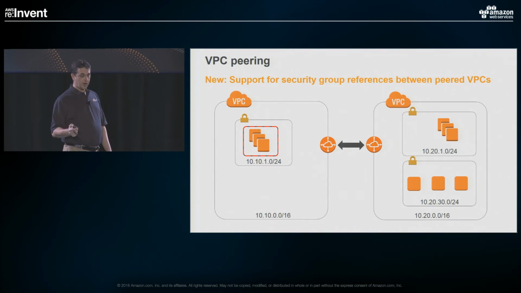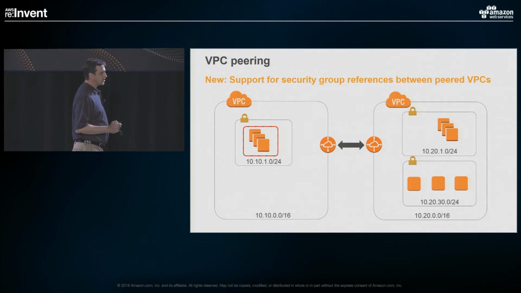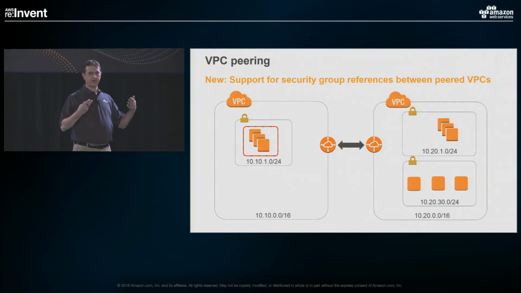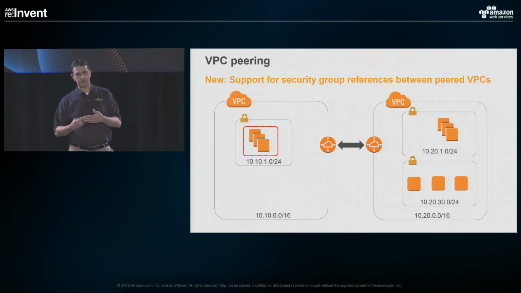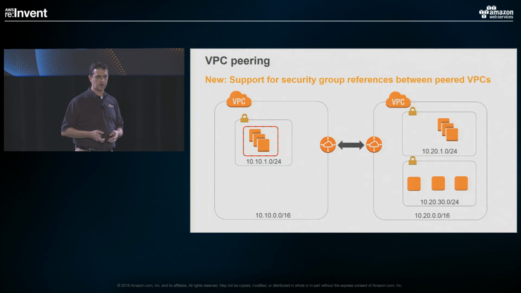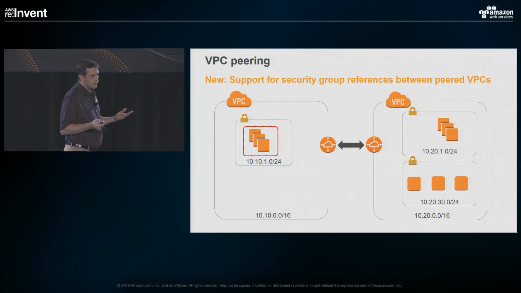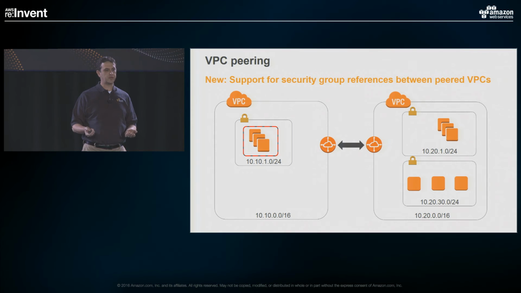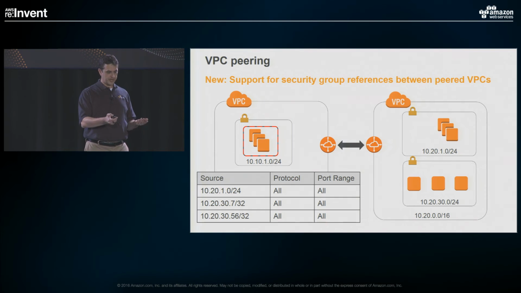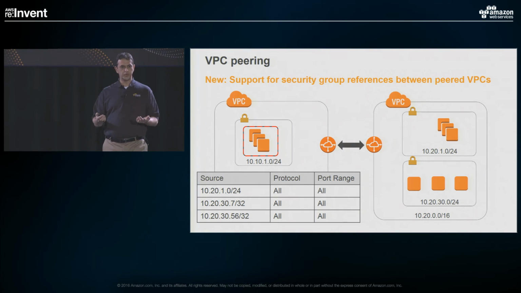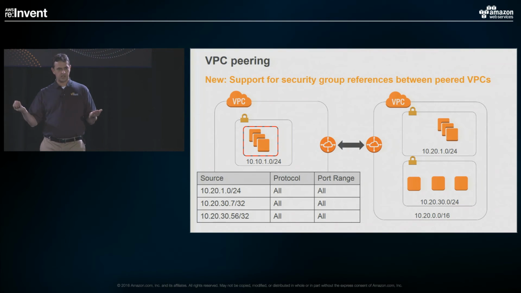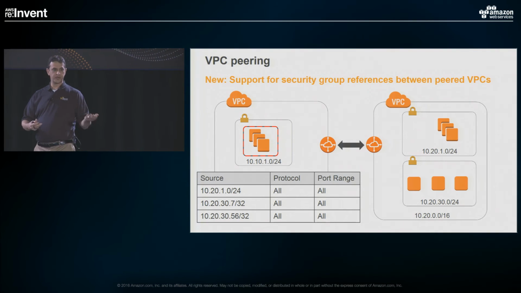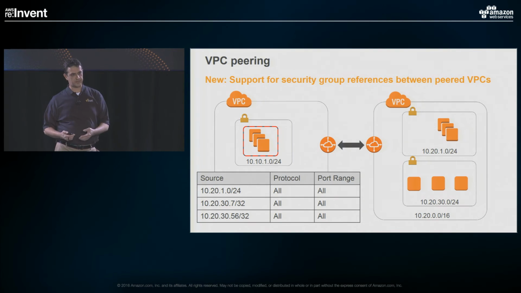Now, in March, we launched the support to be able to reference security groups between peered VPCs. Now, that's super important. I think Kartik mentioned it before. Prior to this release, you had to use CIDR blocks from the remote VPC to try to restrict inbound and outbound traffic to particular resources in VPC A, for example. That could get really cumbersome.